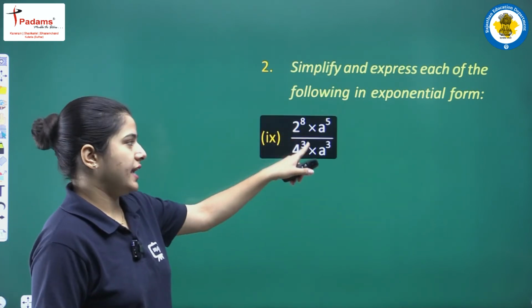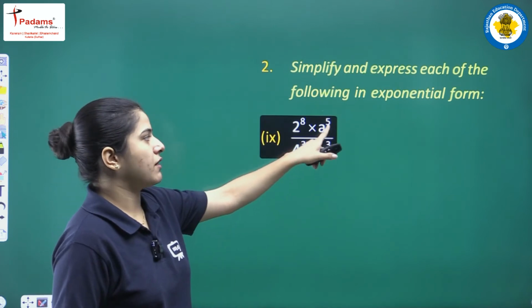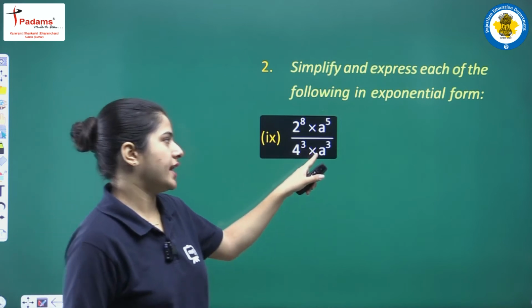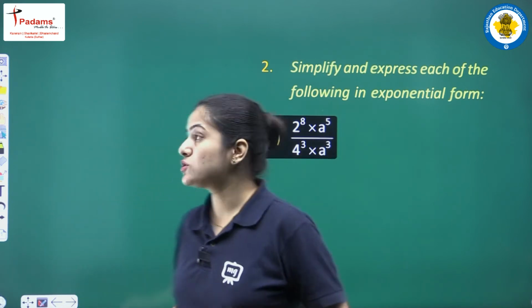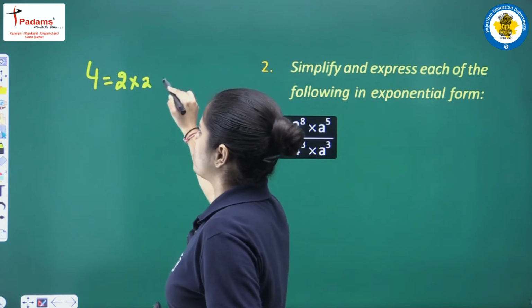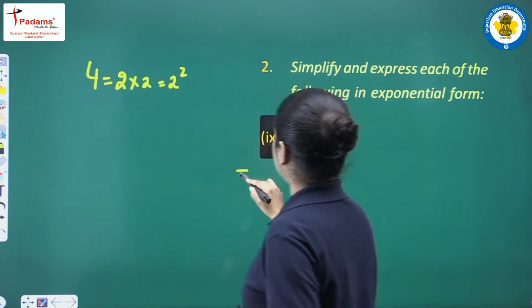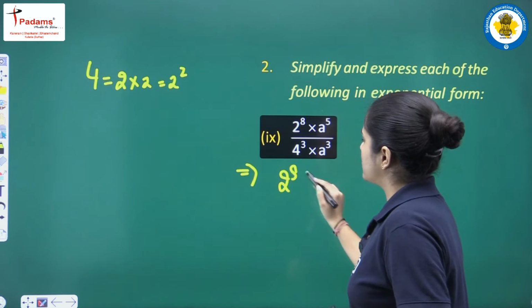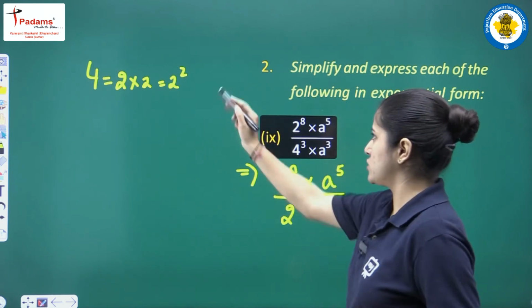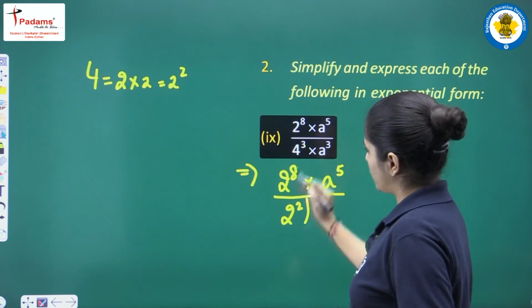2 raised to power 8 into a raised to power 5 divided by 4 raised to power 3 into a raised to power 3. Now students, 4 can be written as 2 into 2, that is 2 power 2. Okay, so 2 raised to power 8 into a raised to power 5. Now this is 2 raised to power 2, and this cube is already there.